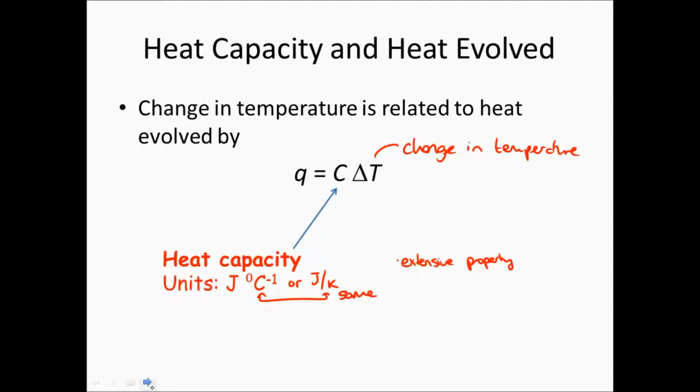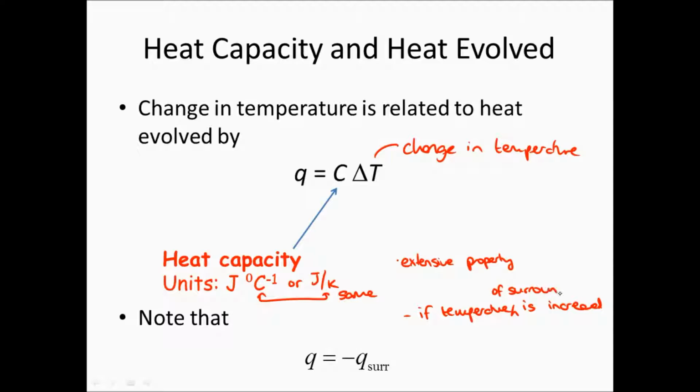The second thing to realize is that Q of the actual system is equal to minus Q of surroundings. So typically, if the temperature of the surroundings is increased, then your temperature increases, so your Q is positive.